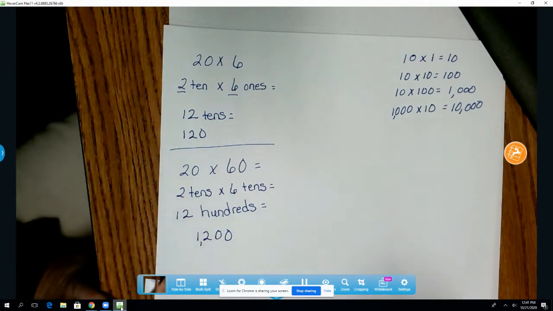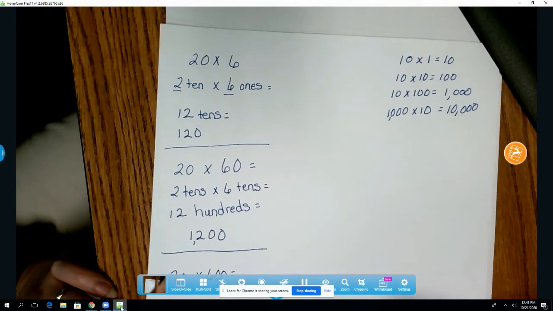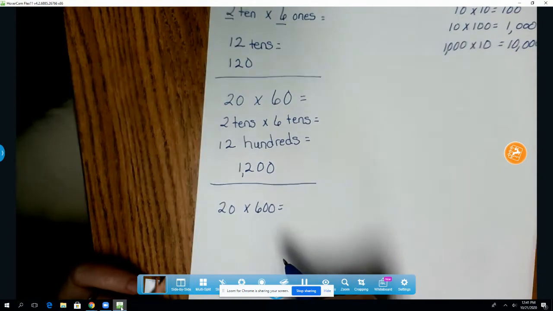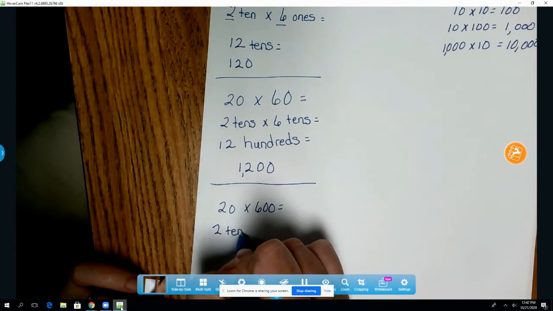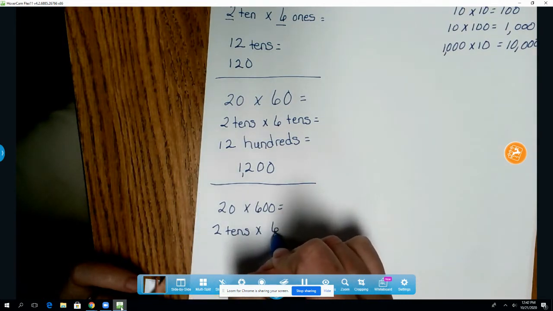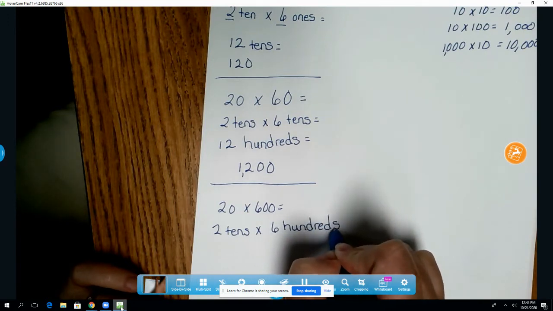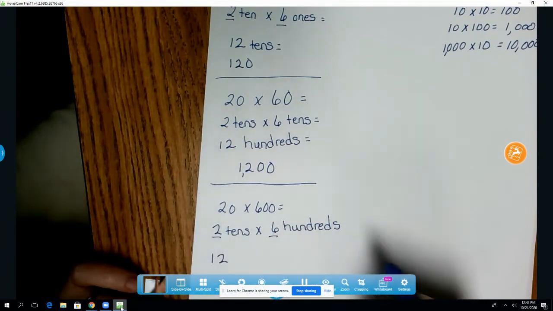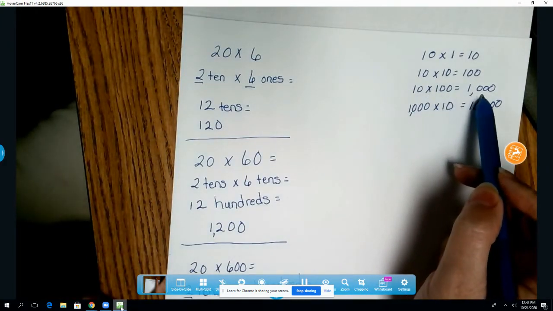So let's take it a step further. Let's do 20 times 600. So again, I'm going to be multiplying 2 tens times 6 hundreds. 2 times 6 is 12. 10 times hundreds is 1,000.